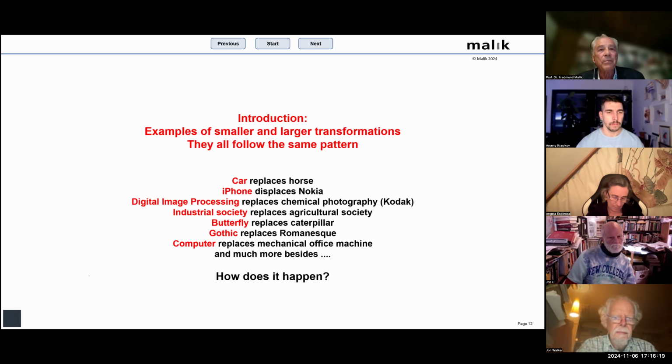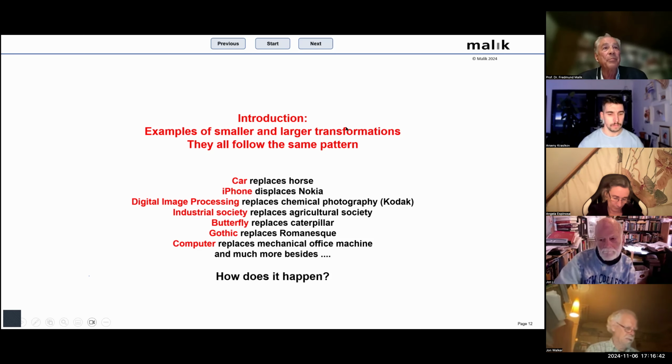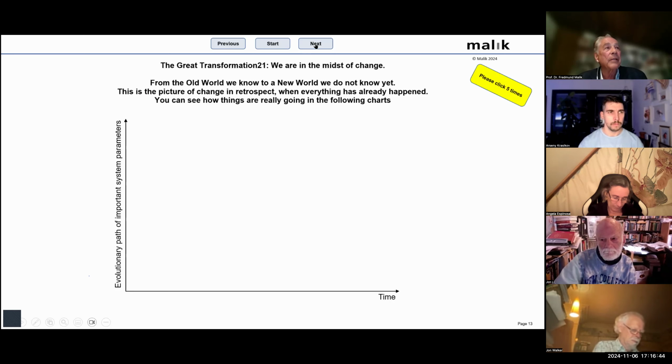You know the problem of Kodak 20 years ago or more even. Industrial society replaces agricultural society. Butterfly replaces caterpillars. Gothic replaces Romanesque. Computer replaces mechanical office machines, and much more besides. How does that happen?